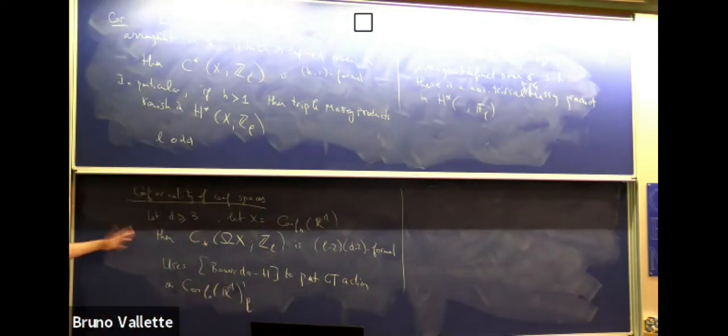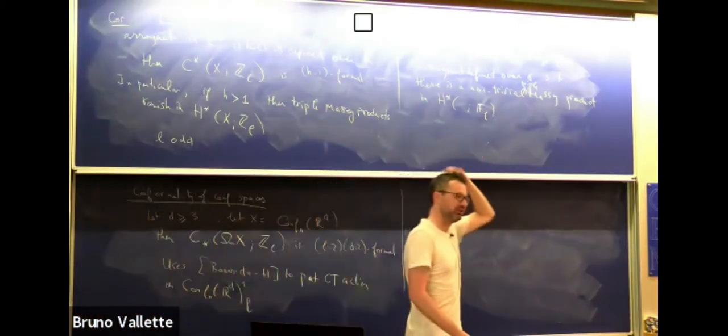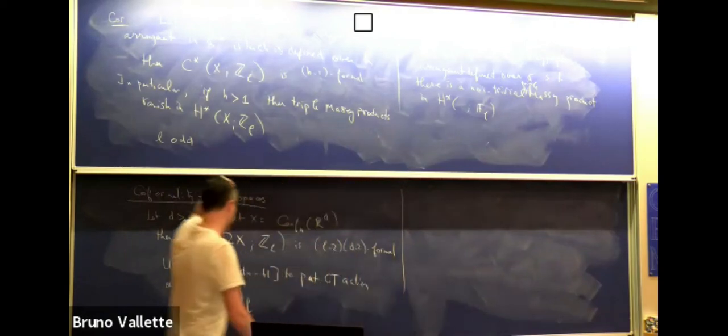When D equals 2 this is sort of classical, but we're able to extend this to higher dimensional configuration spaces. And then we use this Grothendieck-Teichmüller action as an input to apply this machinery with Gabriel.